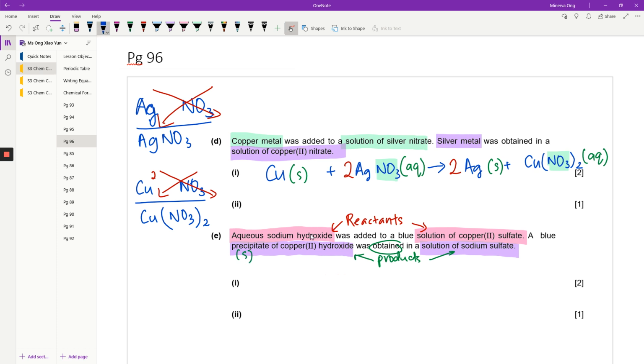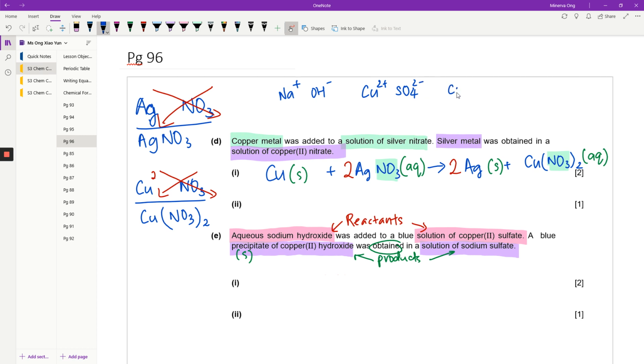Let me write up the formulas quickly. All these four you need to write ionic formulas. So I will write here on top Na plus, OH minus. Next one is copper sulfate.